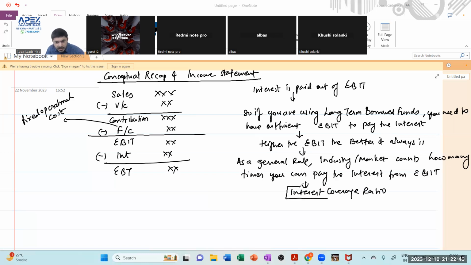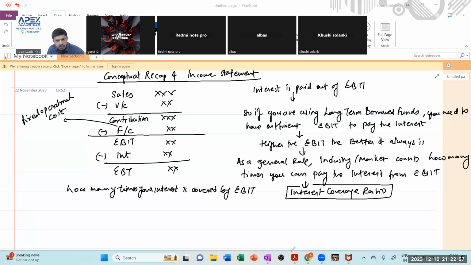What is the meaning of interest coverage ratio? How many times your interest is covered by EBIT. How to calculate this? You take EBIT and you divide it by interest.